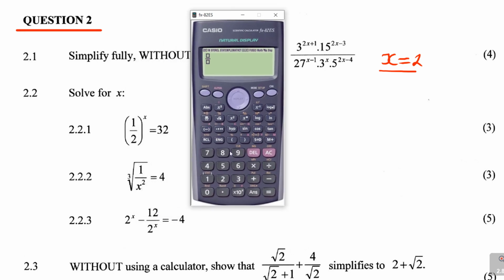So you've got that fraction, 3 to the exponent 2 times 2 plus 1. Those are exponents, remember?